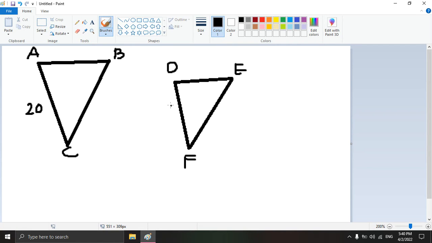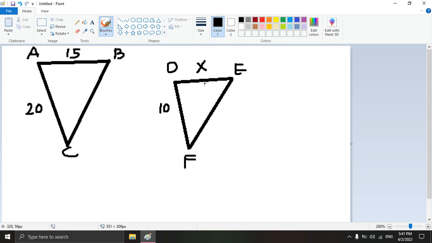Then this one is, let's say, 10. After that, this one AB, let's say this is 15. Then DE is the unknown, or the X. So we're going to find the measurement of DE.